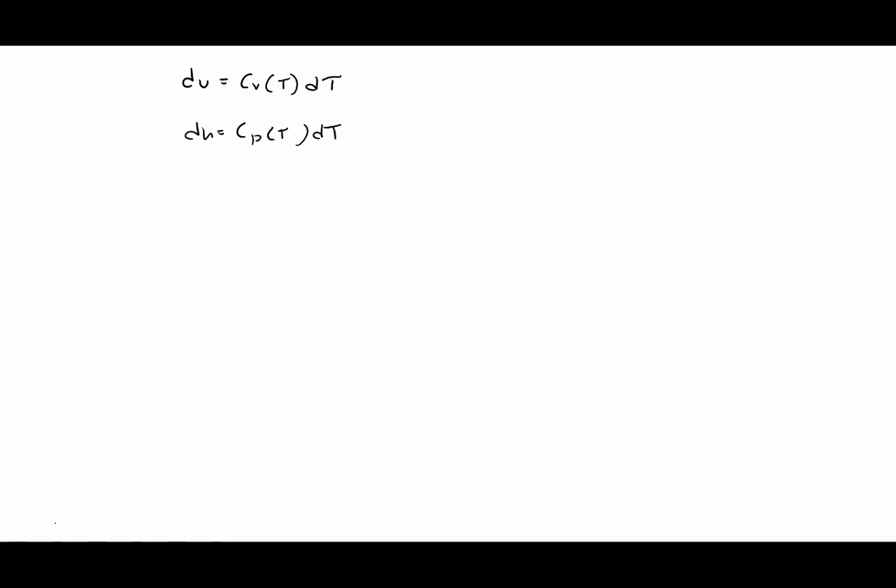So we can integrate these. For this one, u2 minus u1 is equal to the integral from state 1 to state 2 of C sub V of T dT, and this is in units of kilojoules per kilogram, because I'm writing this on a mass basis. That's why I have the lowercase u.